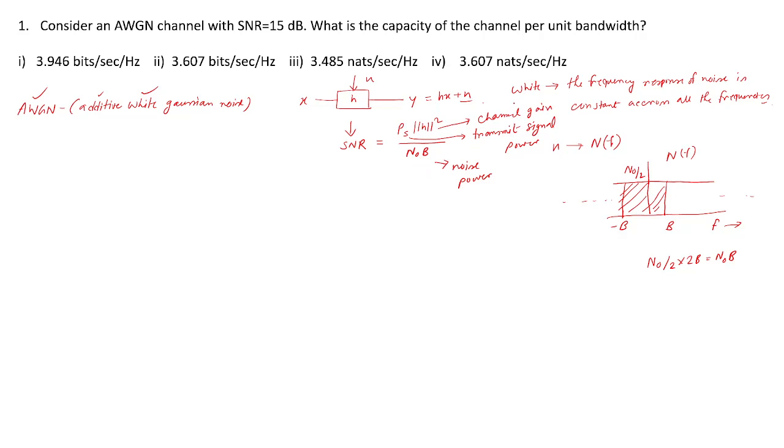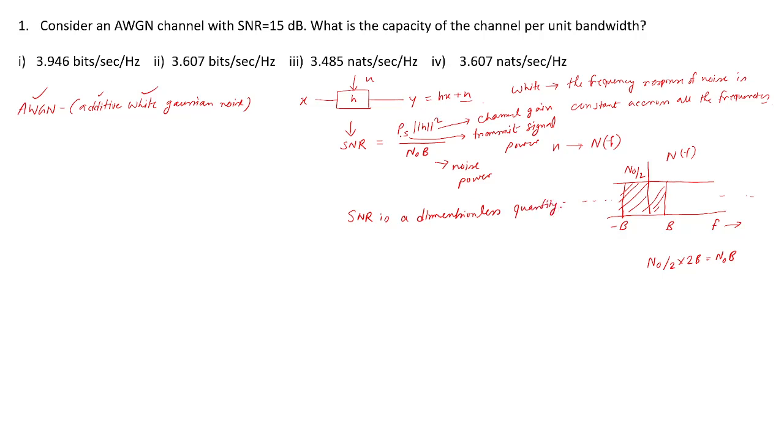Now channel gain is a dimensionless quantity and transmit signal power is in watts, and N naught times B is also in watts, because the unit of N naught is watt per hertz, so we multiply with B whose unit is hertz. So basically SNR is a dimensionless quantity.